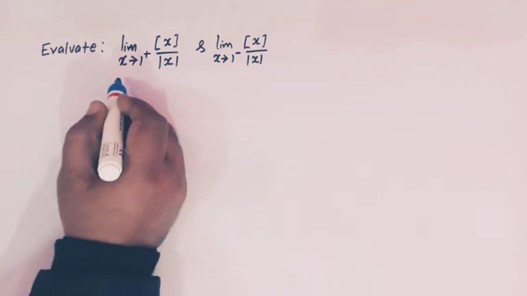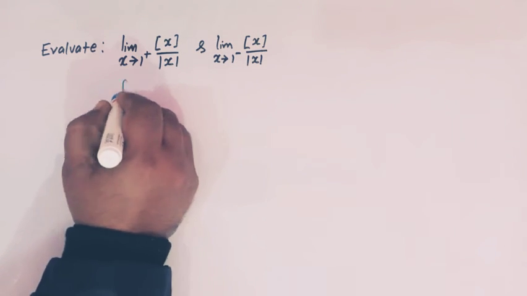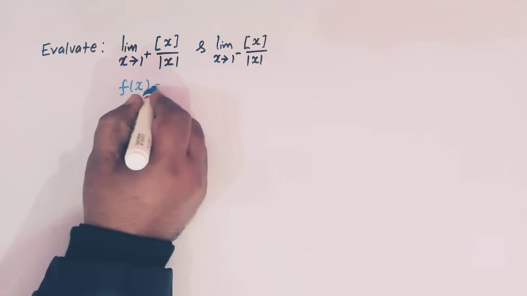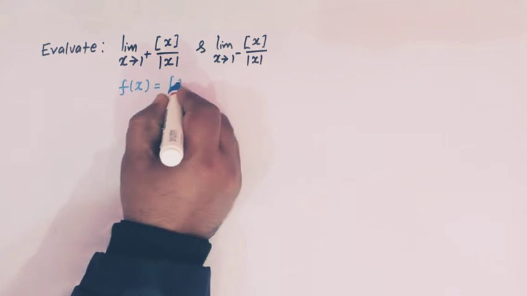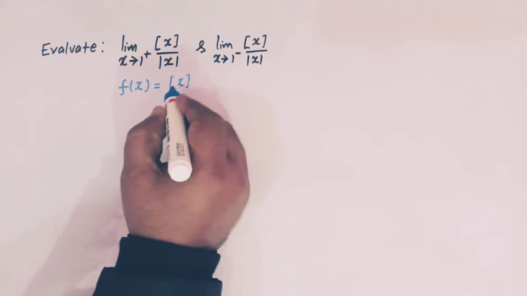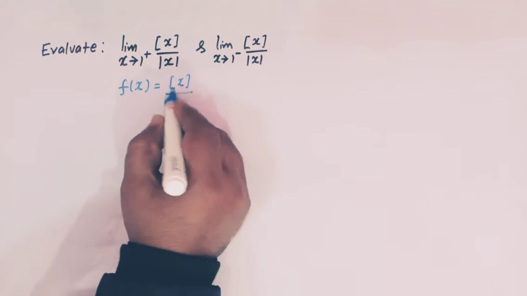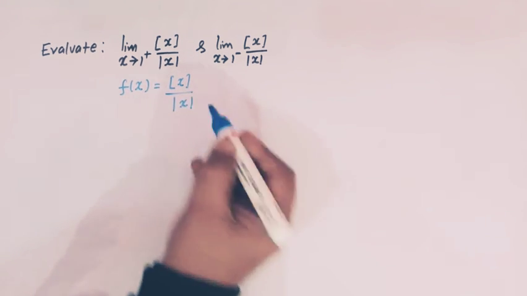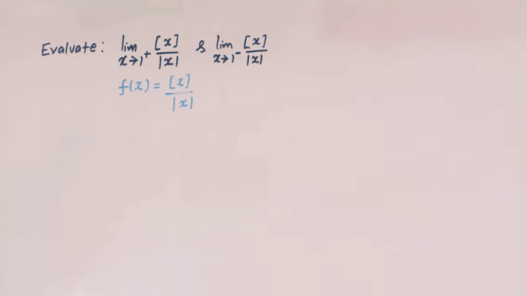The function is given as f of x equals greatest integer x divided by absolute value of x. So let us start.